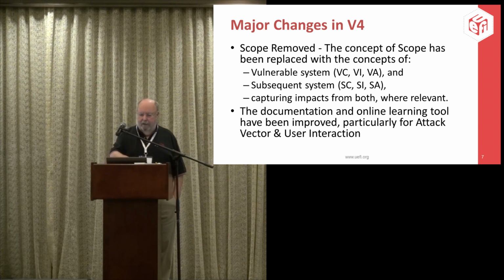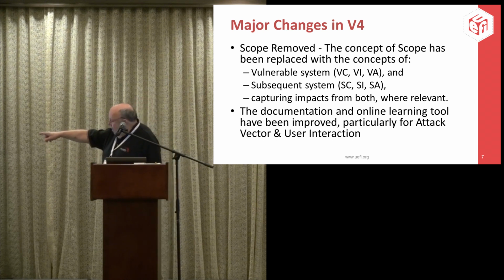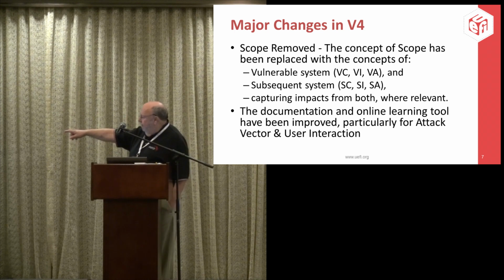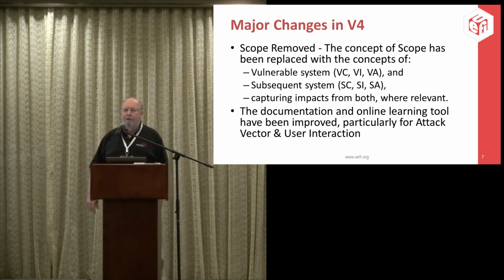We'll see the scoring vectors here on the slides, but the VC, VI, VA, it's the old CIA of vulnerabilities: confidentiality, integrity, and availability. How are those affected on the vulnerable system, the one that's got the bug? And then how are those things affected on the systems around it or downstream of it? Does the vulnerability affect other systems in the network, say?